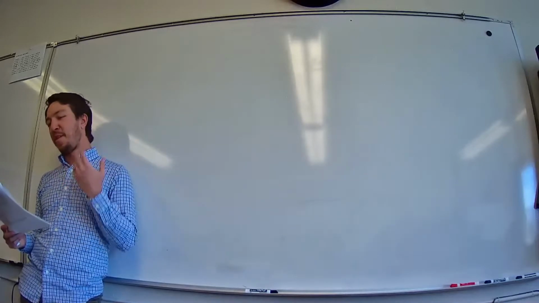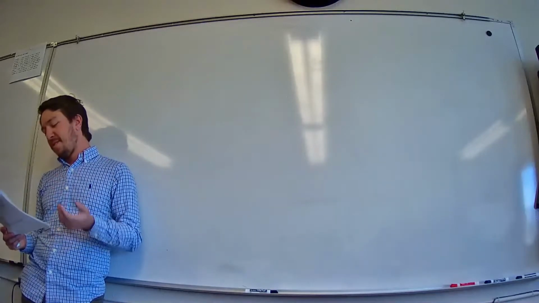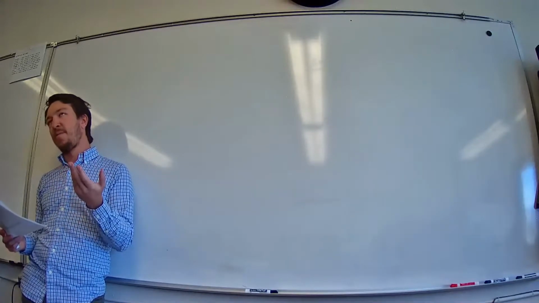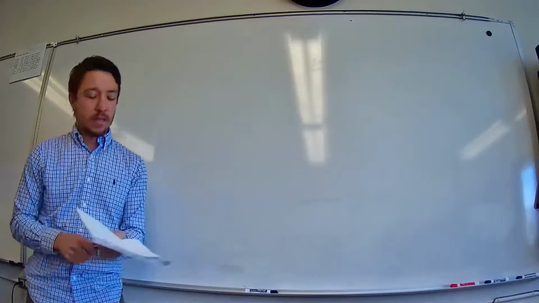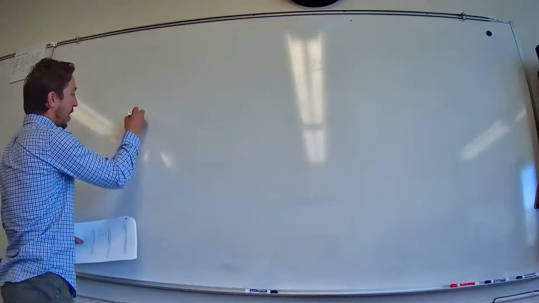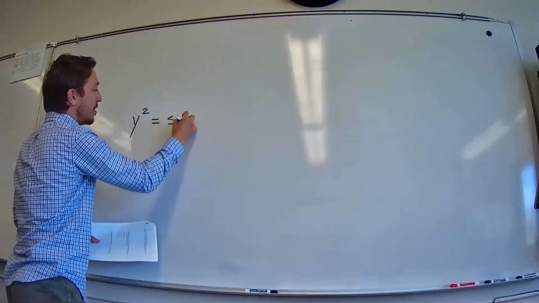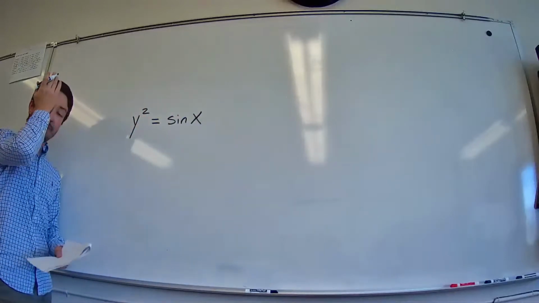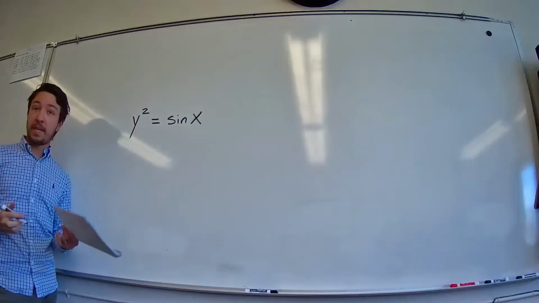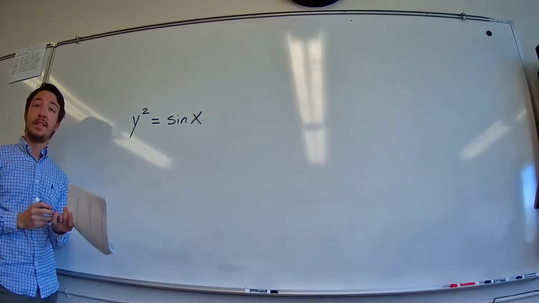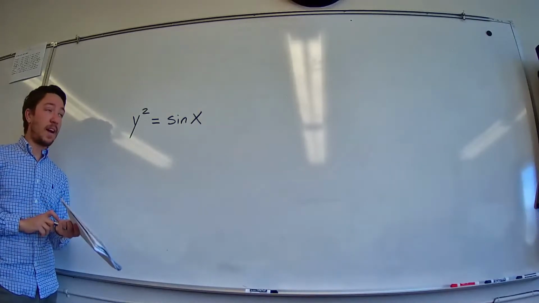Before you start calculating, you just start to think what's going to happen if you have a curve and the squares of the y values have to equal the sines of the x values. Anyone have a thought? Explain. It's not obvious.